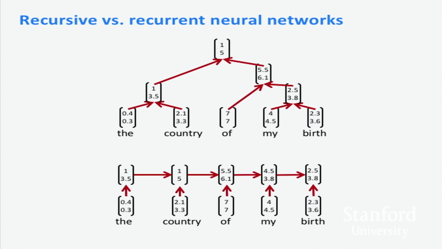So in the top half, we now have our tree recursive neural network, and in the bottom part, we have our recurrent neural network. Now, in some sense, the linear sequence models that you get for recurrent networks are like a limit case of a tree.